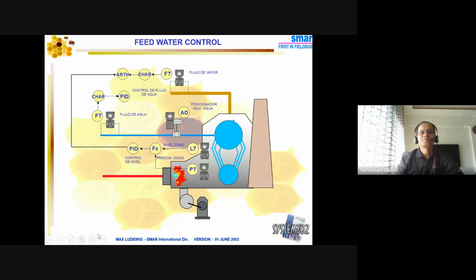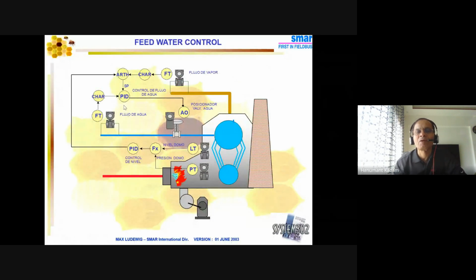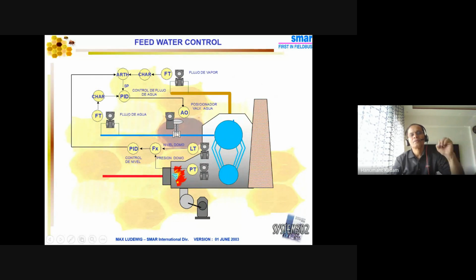So you see here how it is linked to this. So steam output set point goes to this PID, as well as the drum level input also goes to the PID, and finally this valve is getting operated. Drum level is controlled here. Analog output to the control valve here.